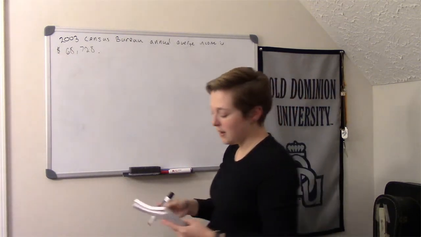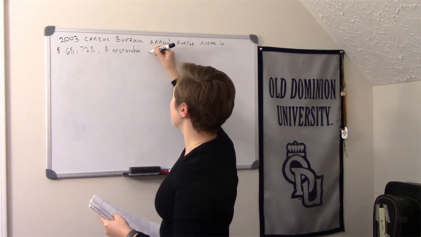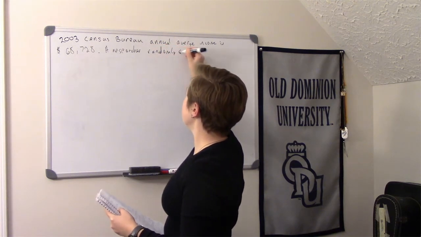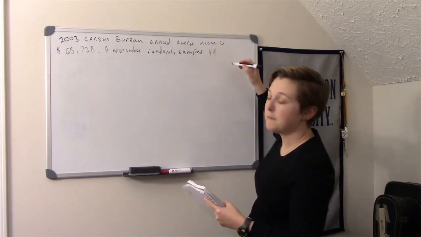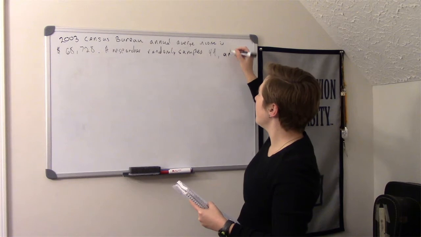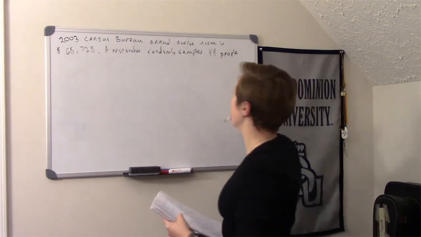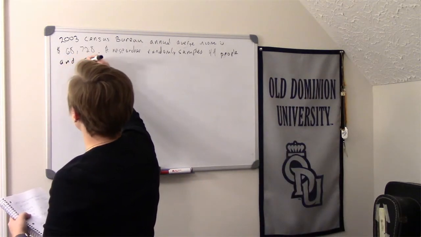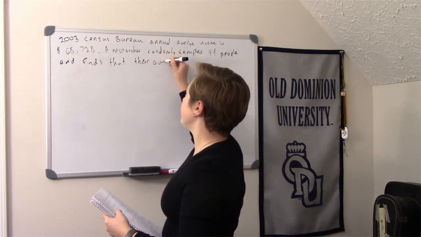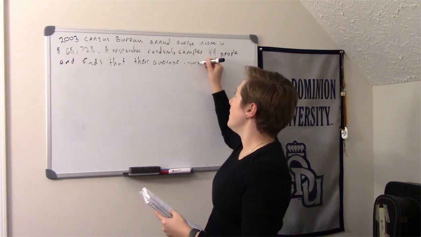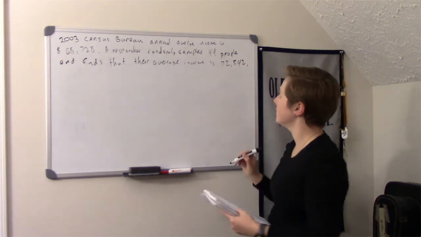So a researcher goes out and they randomly sample 49 people in the United States who have an income, and finds that their average income is $72,542. Okay.